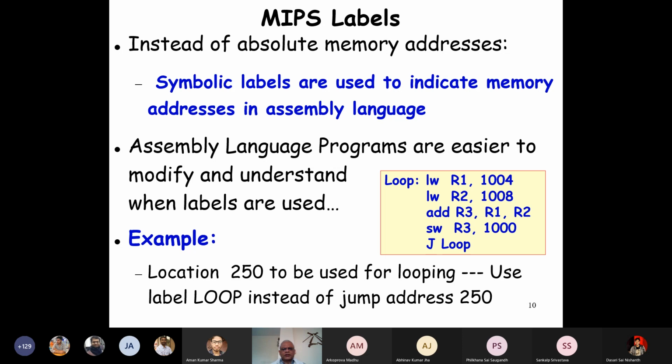For example, if 250 is the location where some loop is set up, instead of computing and writing 250, or instead of jump minus something, we just write jump loop. It helps us write more readable programs by using labels. We can give a label to any instruction.